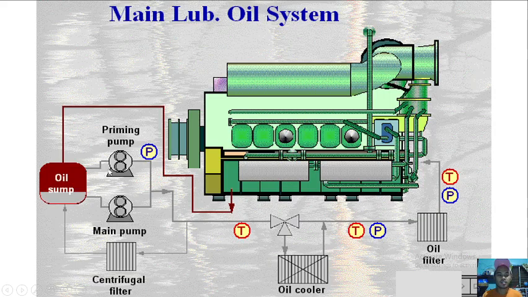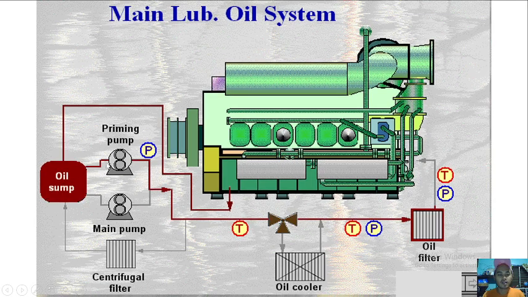So this is the main lube oil system. From the engine, or from the crankcase, or from the oil pan, it goes down to the oil sump. The oil sump is not really part of the engine, it is below the engine. After that, the oil will be sucked by a priming pump going to a thermostatic three-way valve.